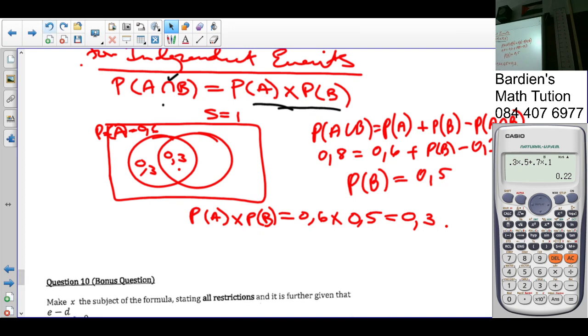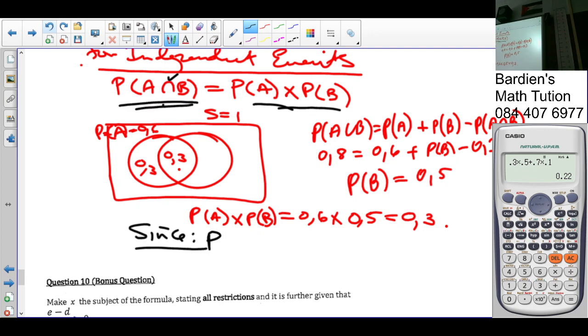So since the probability of A intersection B is equal to the probability of A times the probability of B, therefore the events are independent. If it was not equal, it would have been not independent, or dependent.